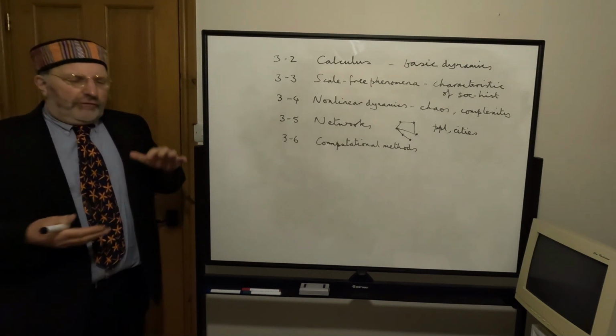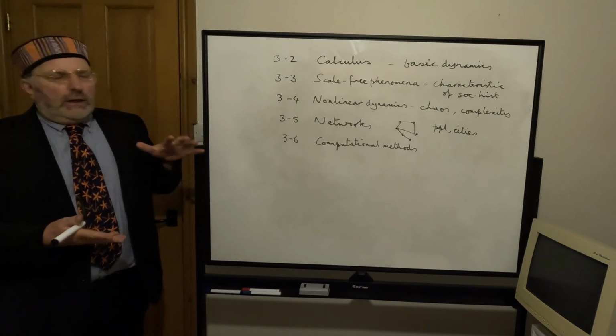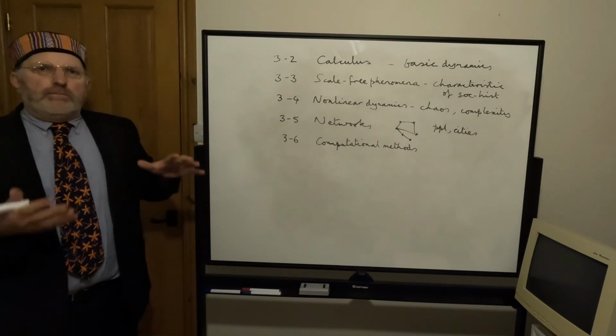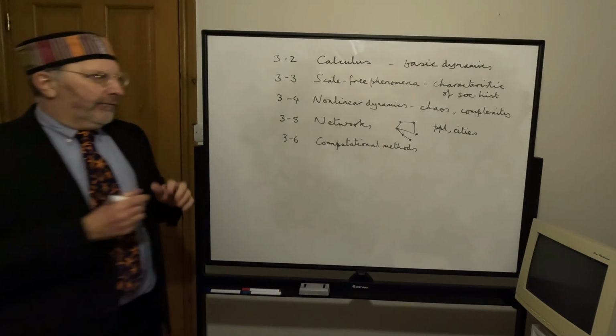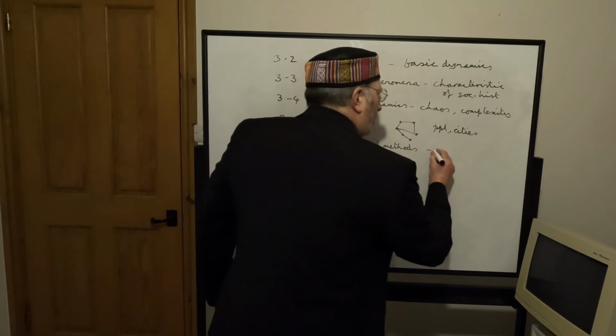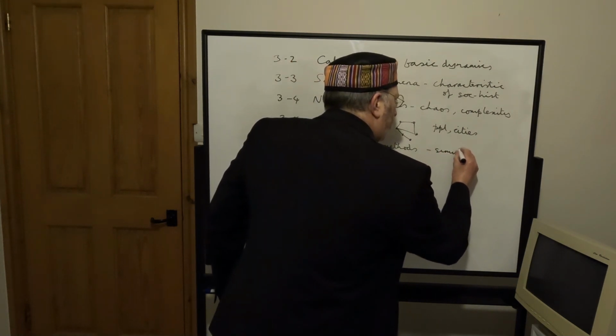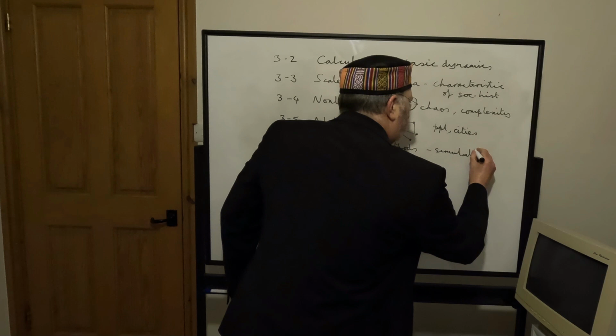But what we can do is feed them into a computer and run a computer simulation based on those equations, and then watch how the system behaves. So this is talking about basically computer simulation.